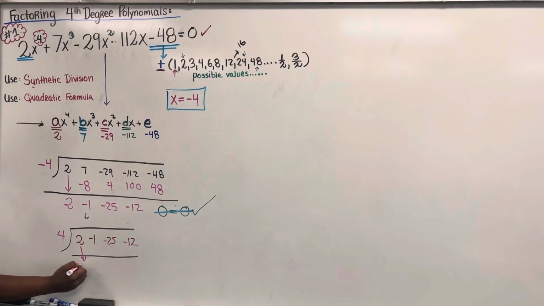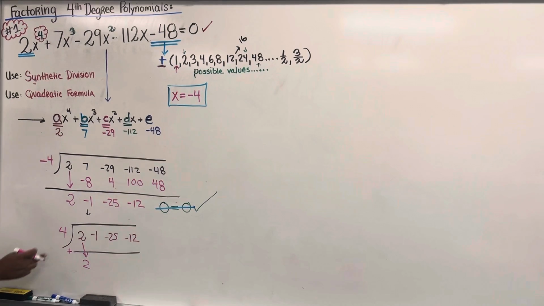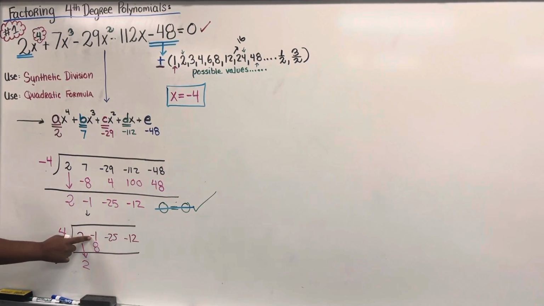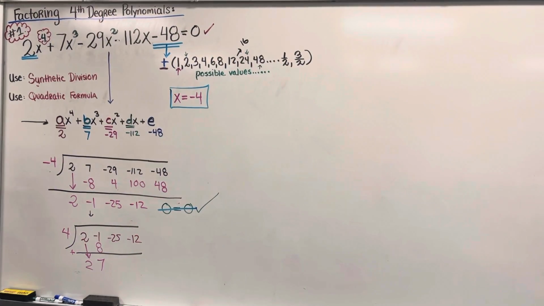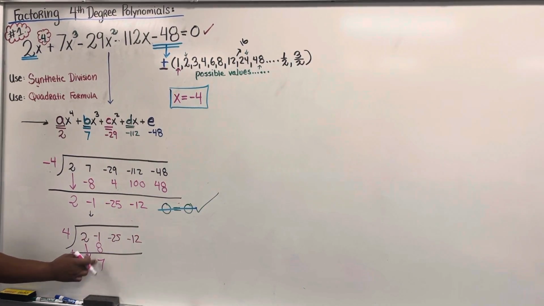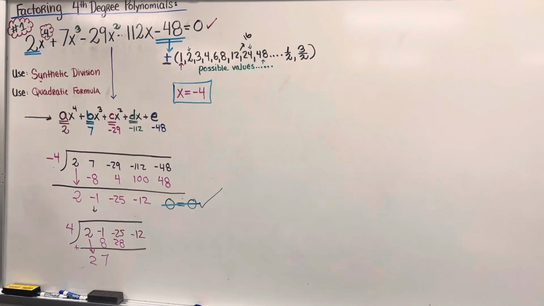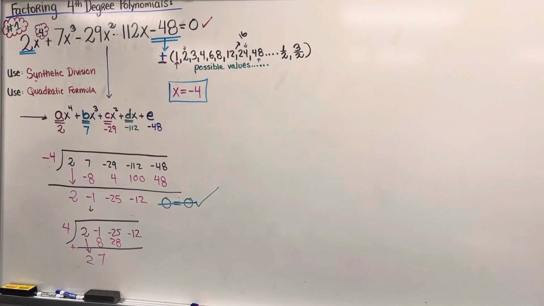So I'm gonna bring this 2 down. And remember, everything that comes down, you multiply by 4. So 4 times 2 is 8. Negative 1 plus a positive 8 is 7. 4 times 7 is 28, a positive 28. A negative 25 plus a positive 28, or you can flip it and say 28 minus 25 is a positive 3.